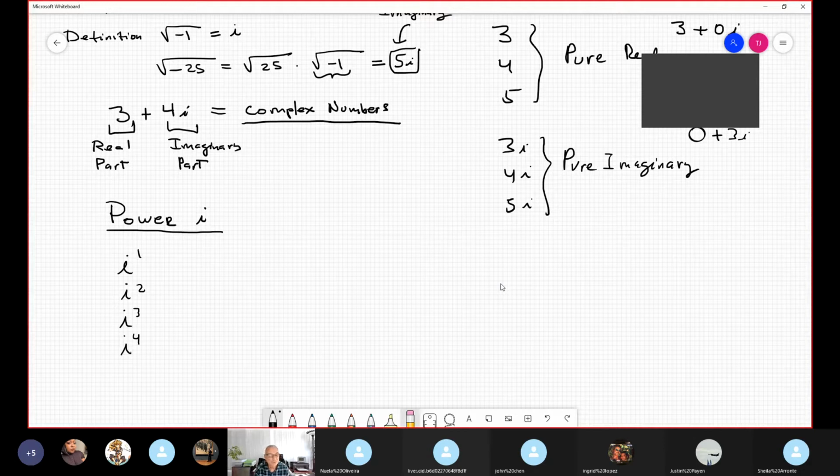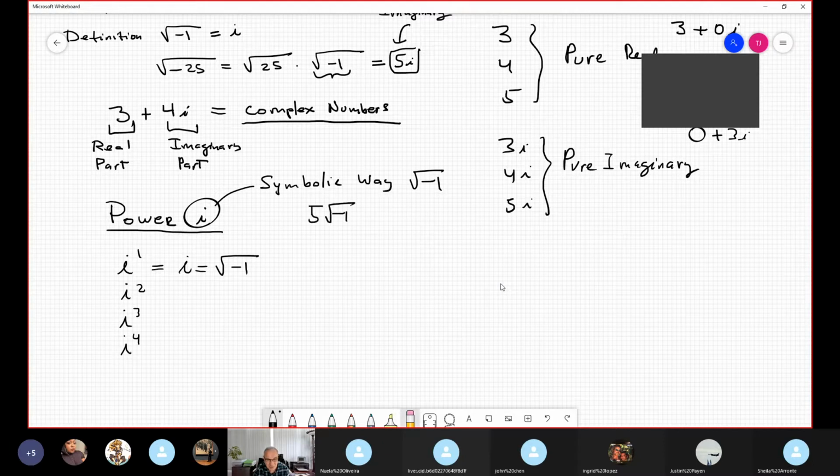Well, i to the 1st power is obviously i. I by definition is the square root of negative 1. It is a symbolic way to express the square root of negative 1, because it's too tedious to write 5 times the square root of negative 1. It's much better to write 5i. Everyone in the world knows that when you have a number that contains i, it's the square root of negative 1.